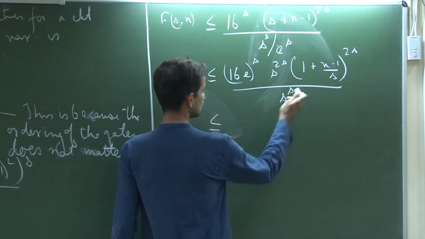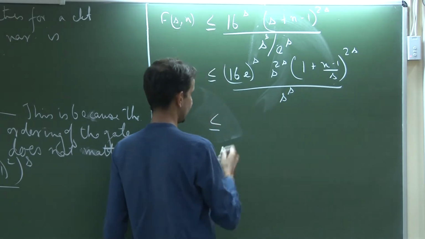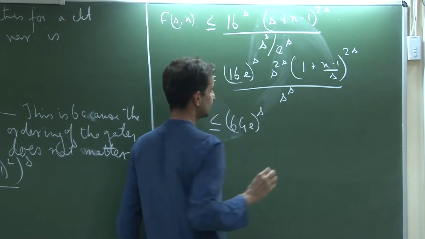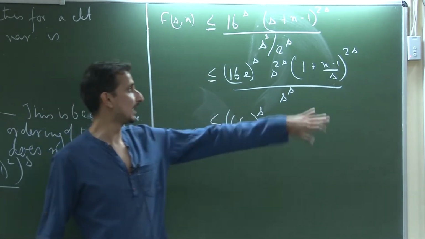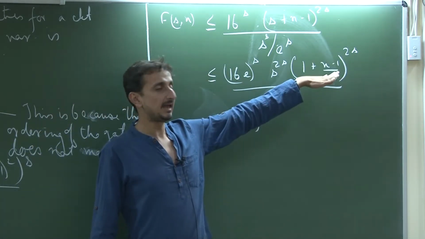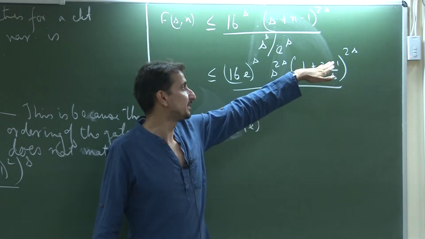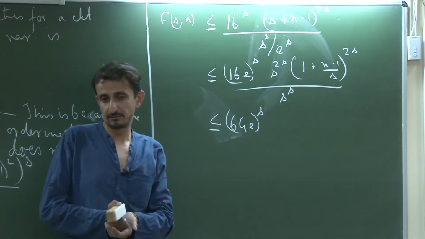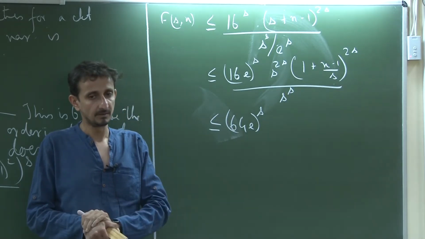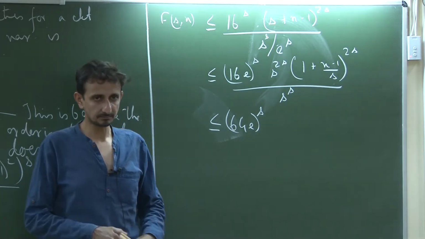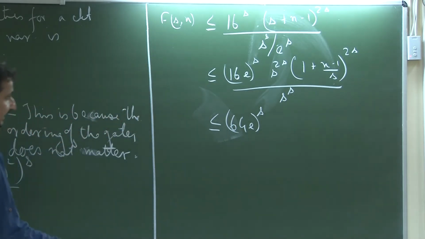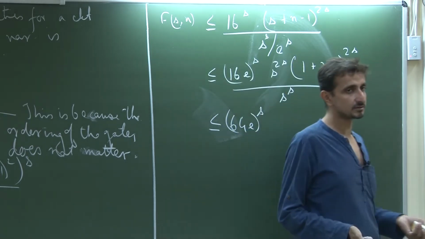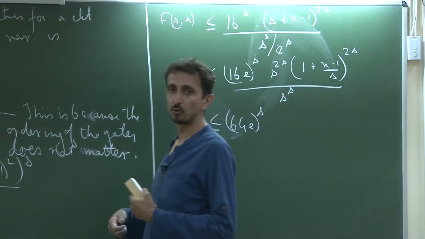So, what I get is 2 to the power 2s is 4 to the power s. So, this becomes (64 e) to the power s. We cannot say it is half or anything. (n minus 1) by s can be, let us say, 0.9. It can be anything, but we know that it is at most 1, it cannot be more than 1.